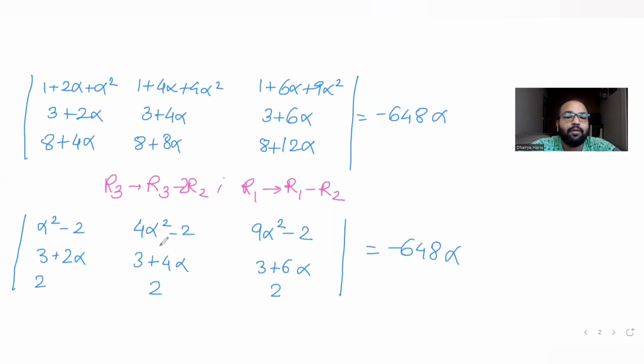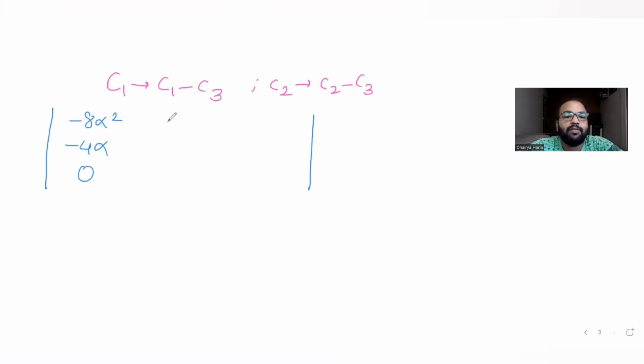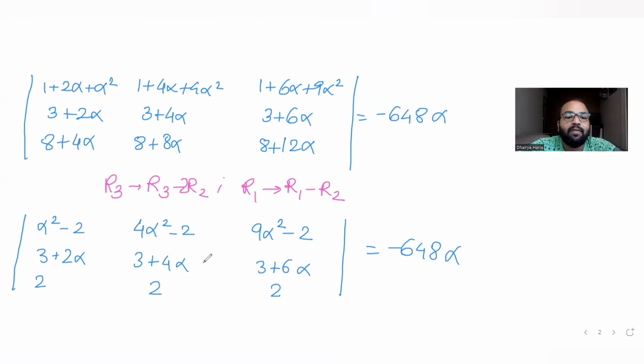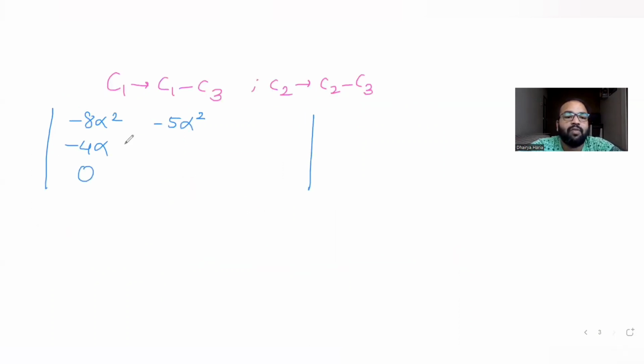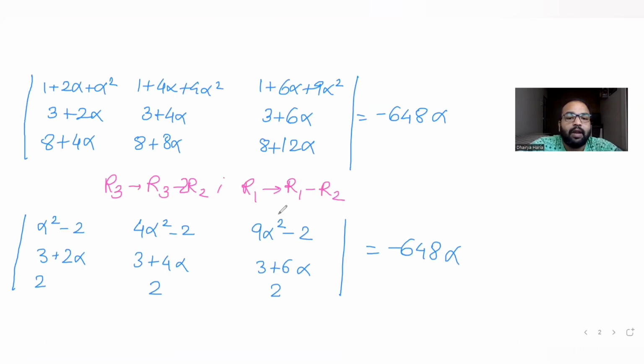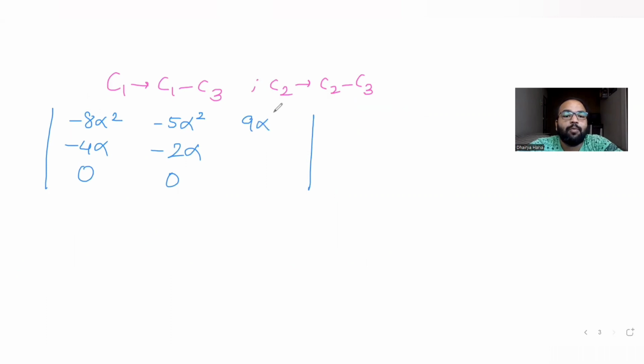Further, I have here 4 alpha square minus 9 alpha square, so minus 5 alpha square. Then we have this and this, so minus 2 alpha. And this I get again 0. And further, I write that as it is, because we are not doing any column operations on this: 9 alpha square minus 2, 3 plus 6 alpha. This is equal to minus 648 alpha.